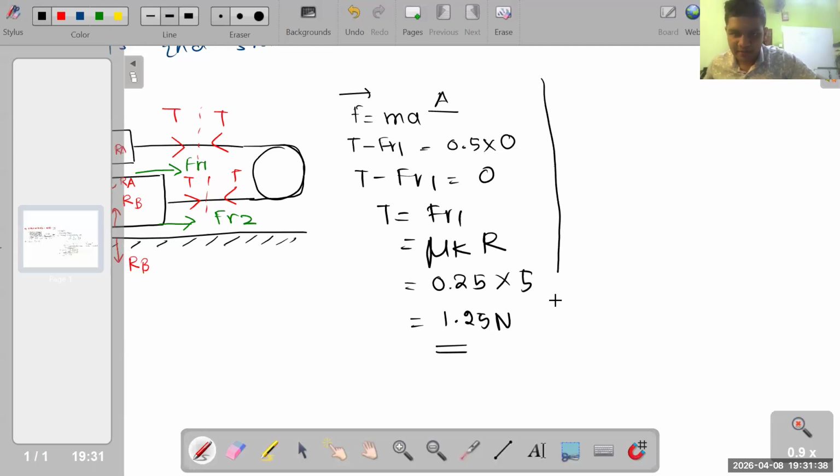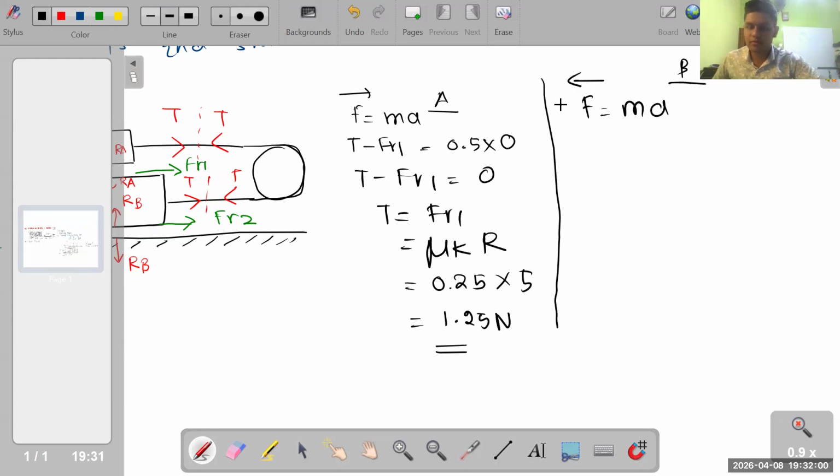Now let's apply the F equals ma equation for the B mass. Here it will be moving in this direction, onto the left side.